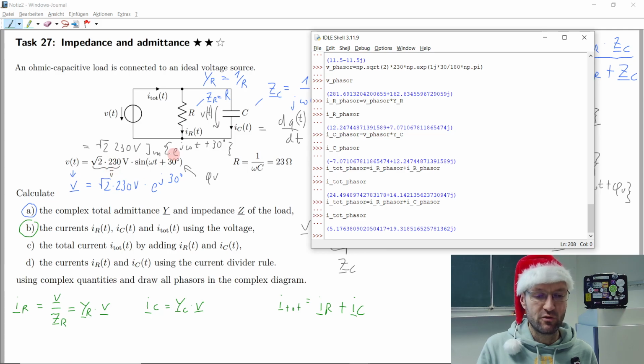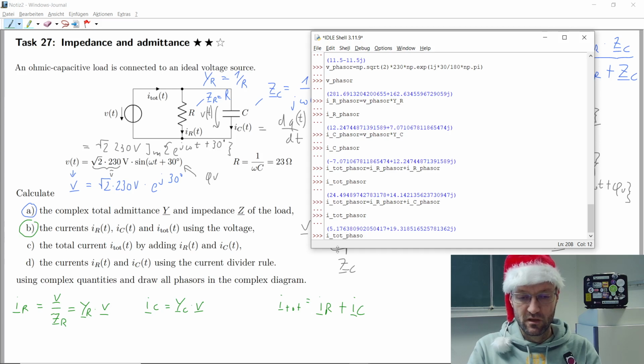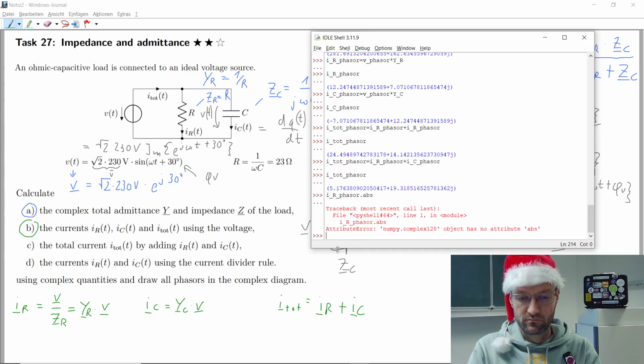I need to have magnitude and I need to have phase. So from our total phasor and from the individual phasors, I can calculate the magnitude.